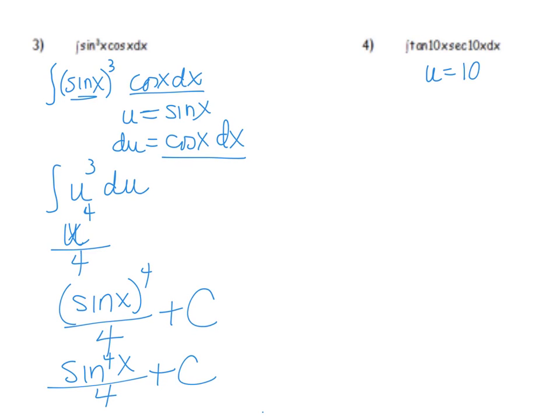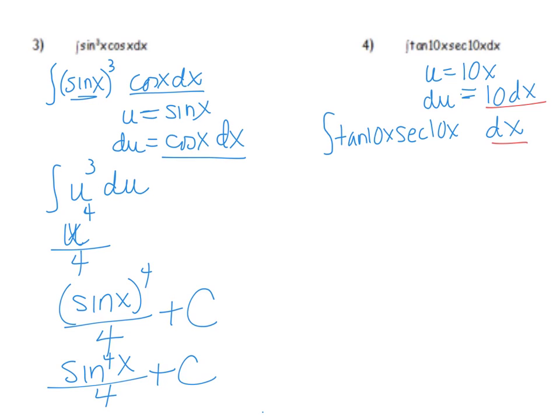So u is equal to 10x, du is equal to 10 dx, and I'm going to rewrite this. So I have tangent 10x secant 10x, and then dx. So I'm really close. I have that. I have the x, but I don't have the 10. So I'm going to add the 10 and the 1/10.